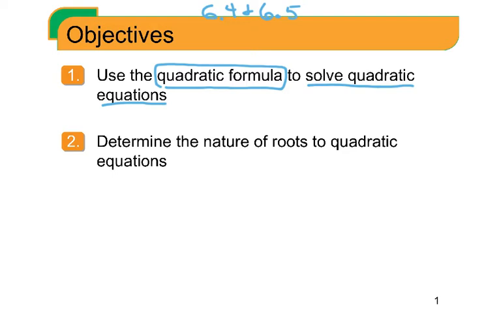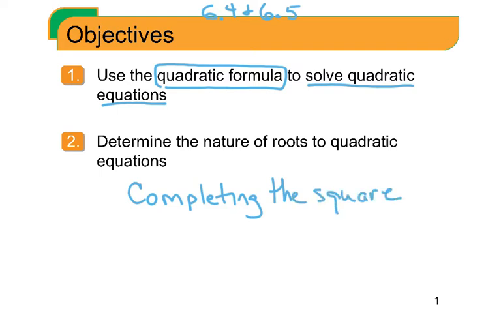So the reason is completing the square always works and sometimes is necessary in calculus. And it's, to many of us, the more intuitive way to solve problems.